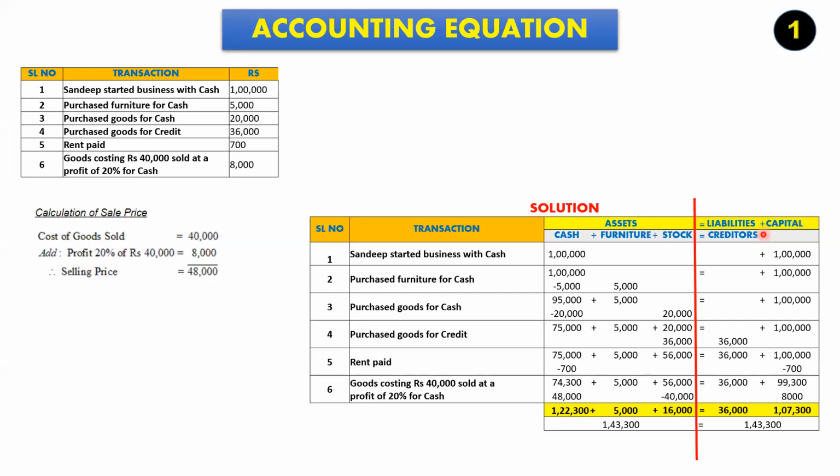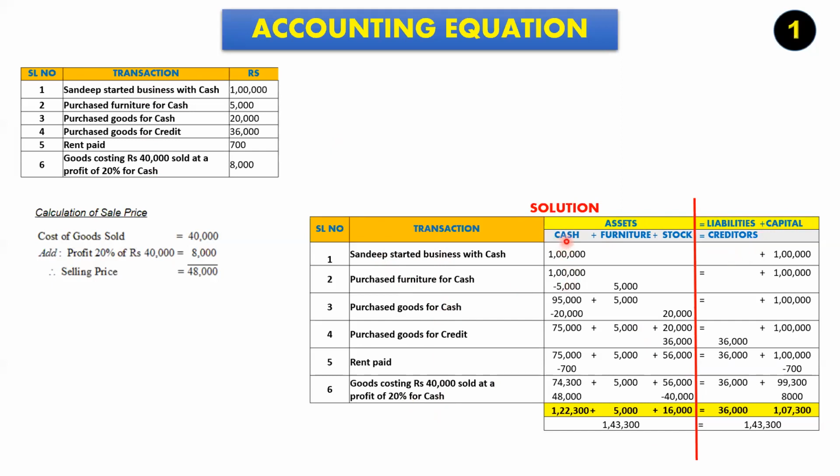We should separate it. We know the accounting equation formula. What does it say? Assets is equal to liabilities plus capital. Simple. So you should form a table like this and write all the transactions here in the solution. That is the first rule.